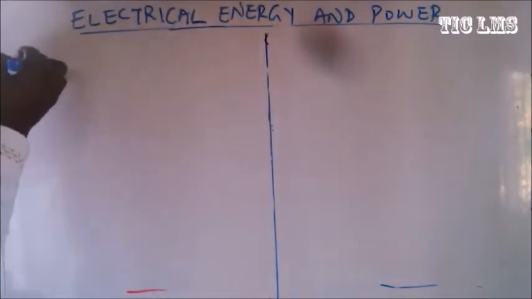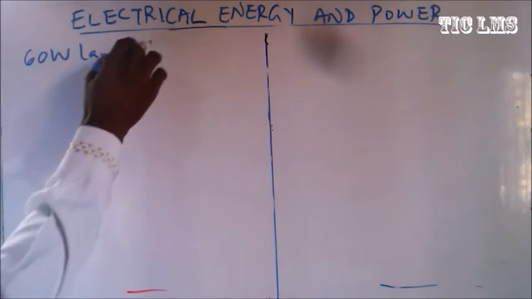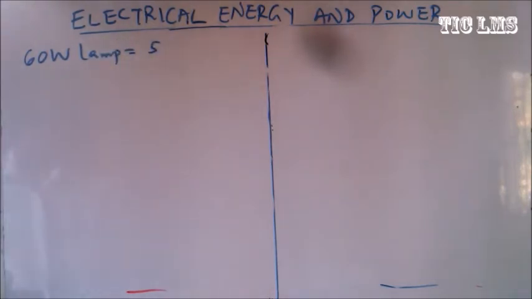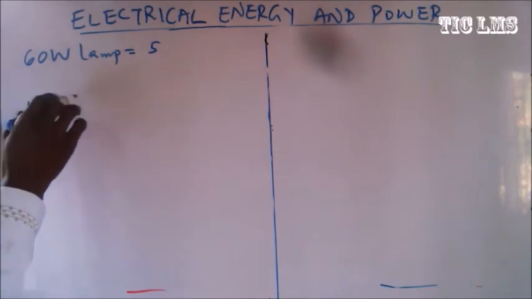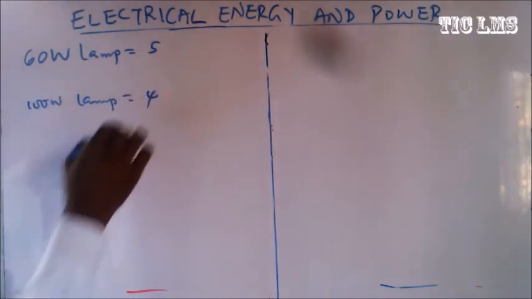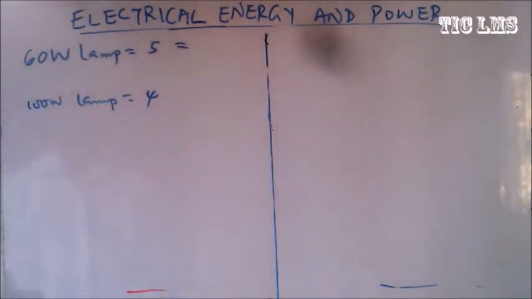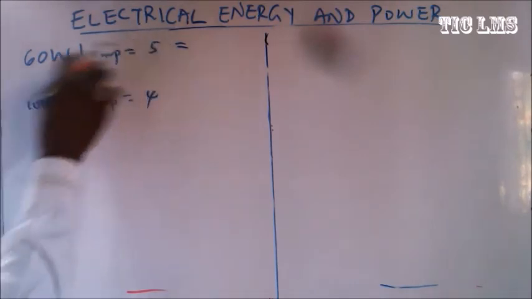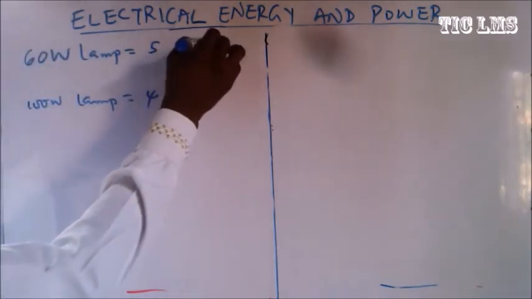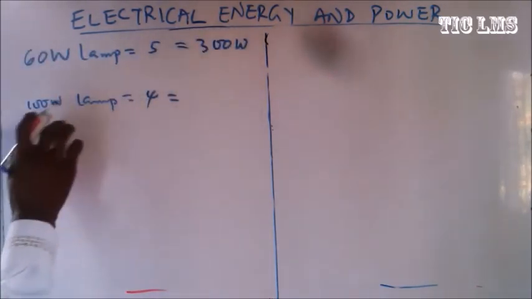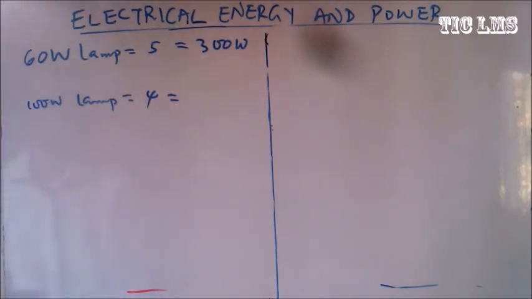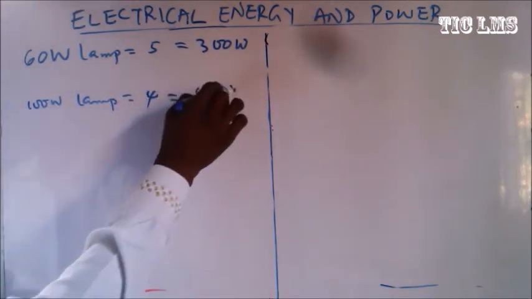Here we have 60-watt lamps, which are 5 in number, and we have 100-watt lamps, which are 4 in number. Hence, how many watts will be used altogether by these lamps? We have 5 times 60, that is 300 watts, and the 100-watt lamps will use 400 watts.